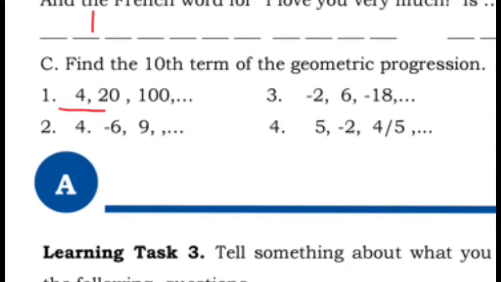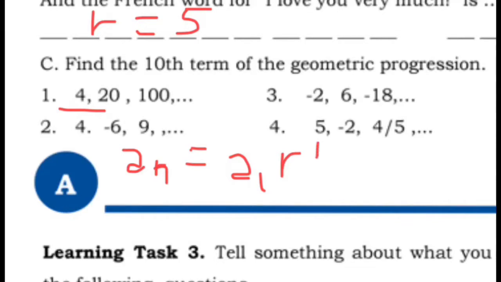So, common ratio dito ay 5. Then, para masolve natin ang 10th term, we're going to use the formula A sub n equals A sub 1 times R raised to the power of n minus 1.